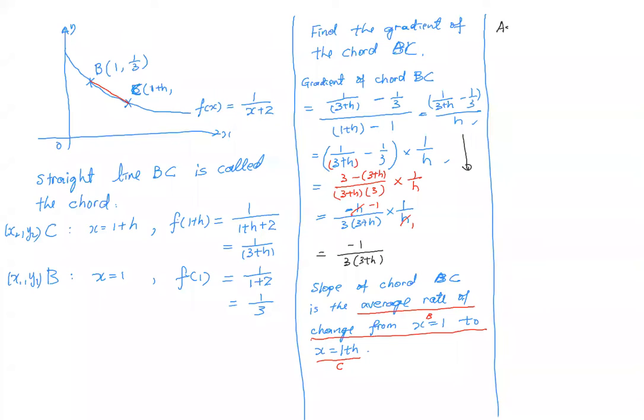As C moves along the curve to B, what happens to the value of h? This is h, agree with me? As C moves along the curve to B, that means as C approaches B, h decreases.